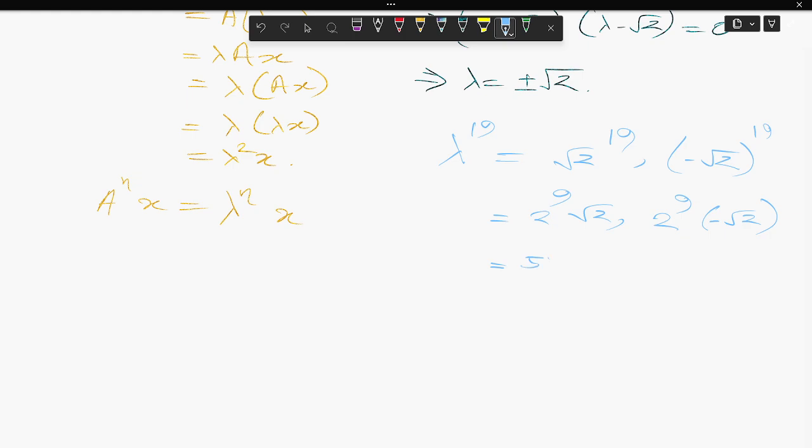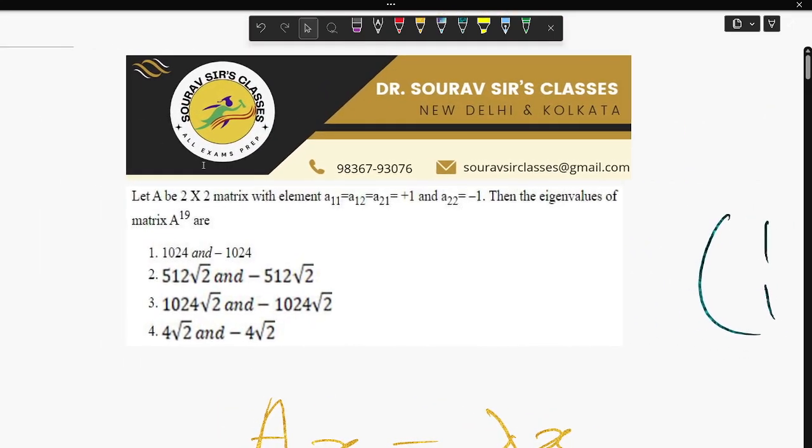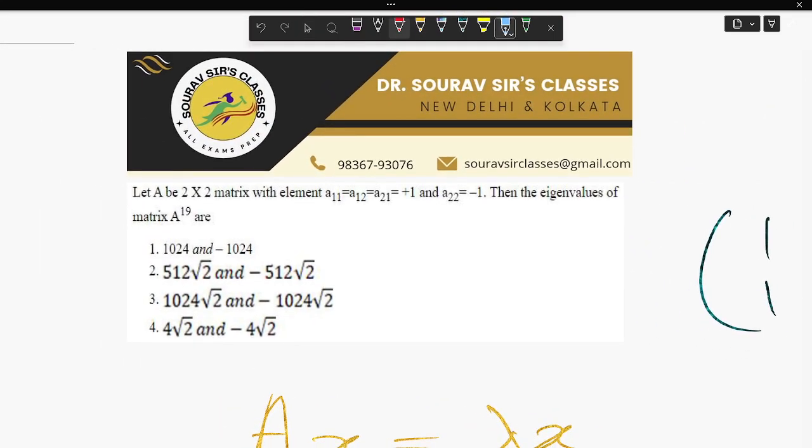So this is 512 root 2 and minus 512 root 2. So this is the correct answer of this question. We can easily say that the correct answer is option B.